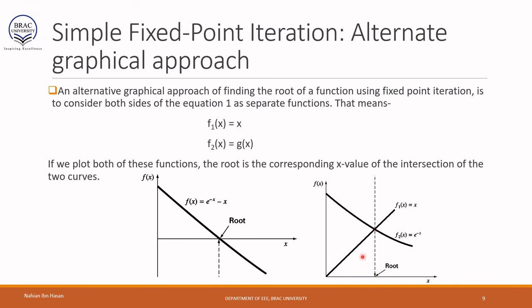So this is an alternate approach to our simple fixed point iteration, but the problem is that sometimes we have to use more complex functions. As a result, implementing two separate functions is much costlier than implementing a single function. But both of them can be applied.